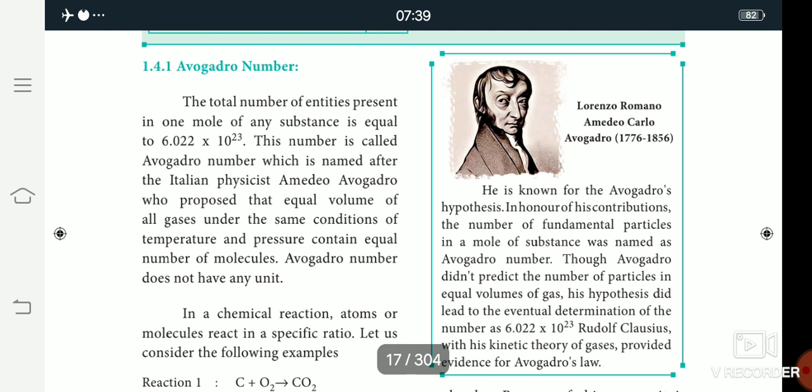Avogadro was one of the scientists, an Italian physicist named Amedeo Avogadro.